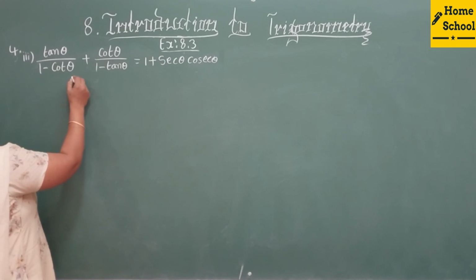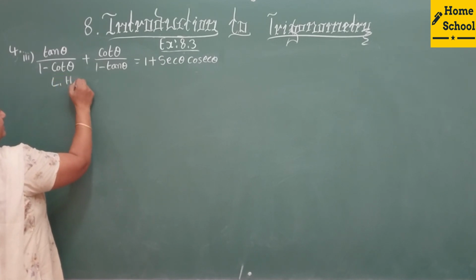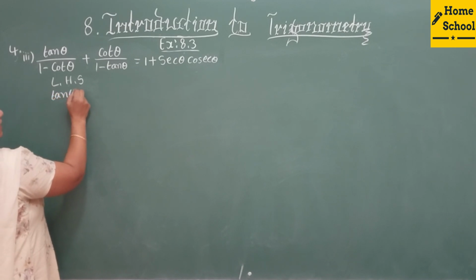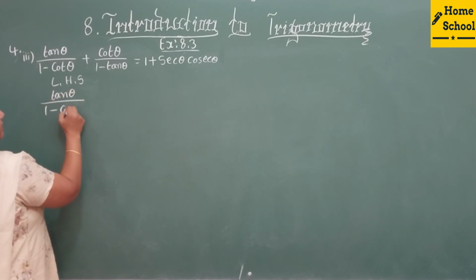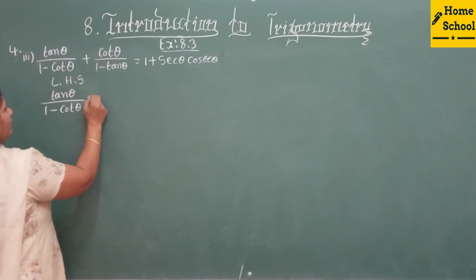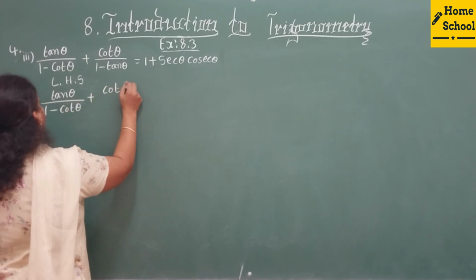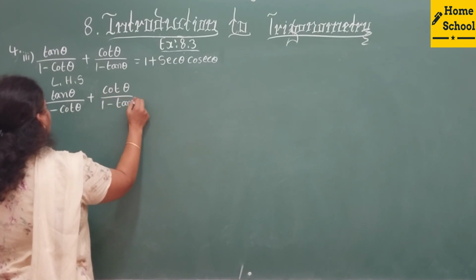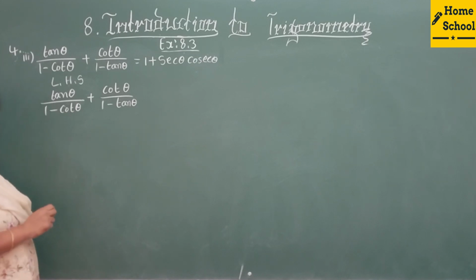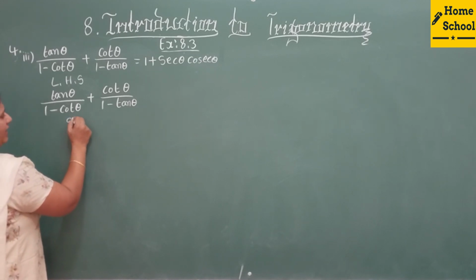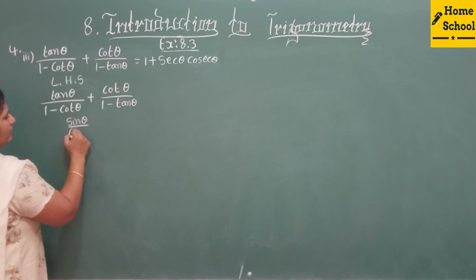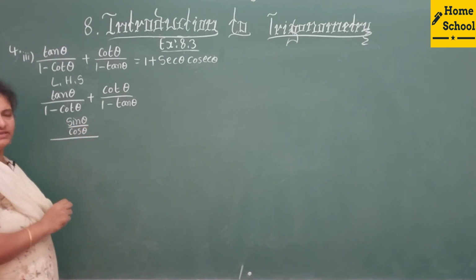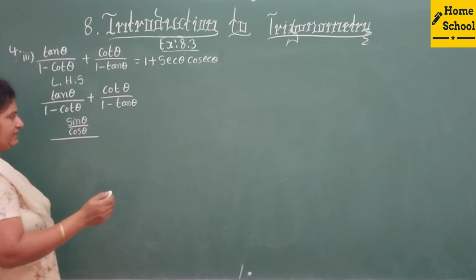Now, similarly, consider the left hand side, that is LHS: tan theta by 1 minus cot theta plus cot theta by 1 minus tan theta. Tan theta can be written as sin theta by cos theta. In your hint also they have given, express the terms in the form of sin theta and cos theta.